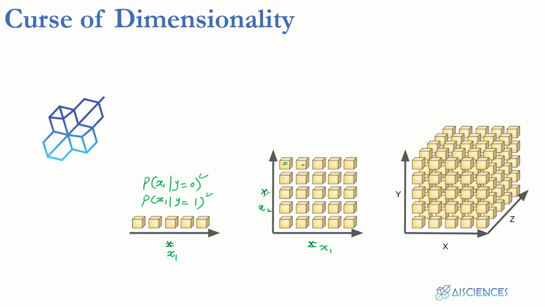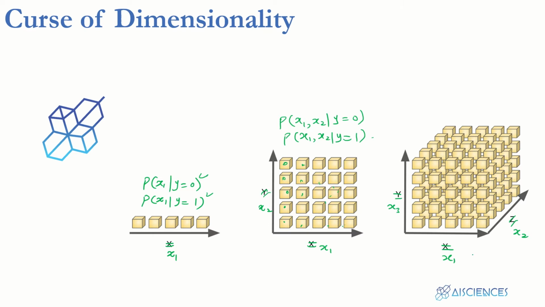And to estimate the distribution of data in the bigger space, you need a lot of data points to estimate this function reliably. So that is one function. Another function is x1, x2 given y is equal to 1. And it becomes further severe if your features become larger.